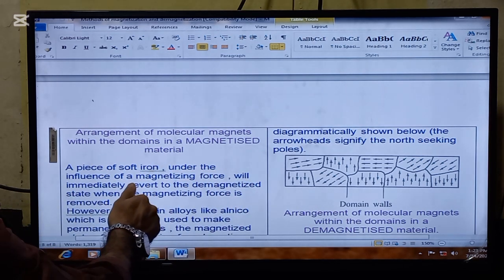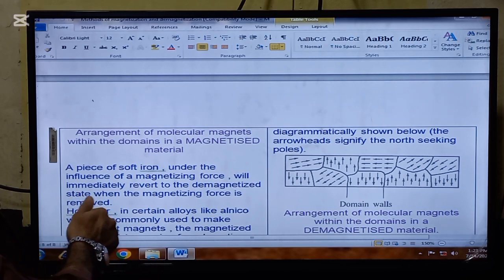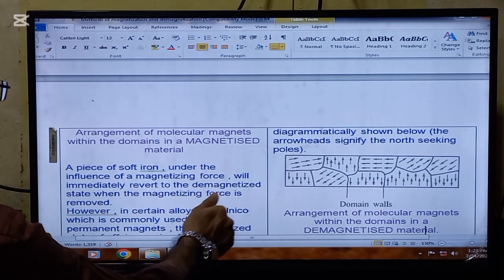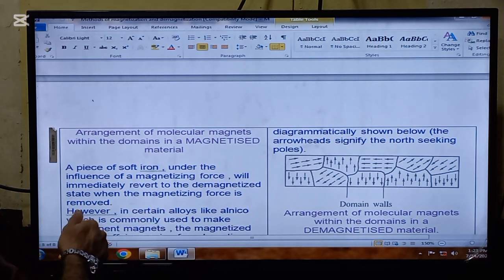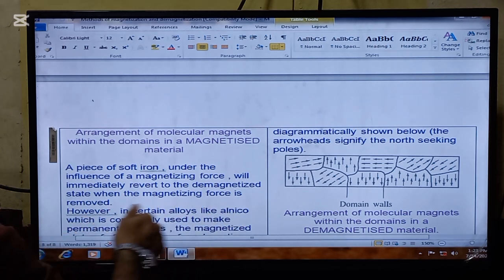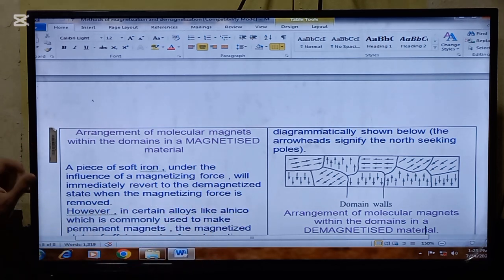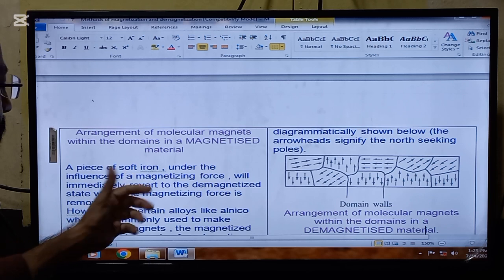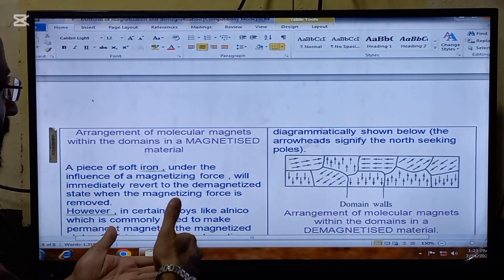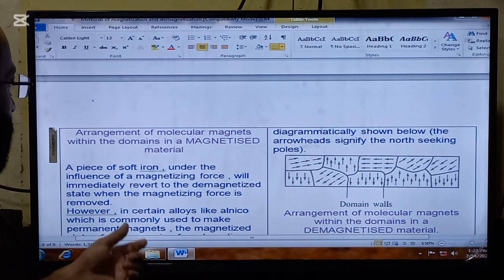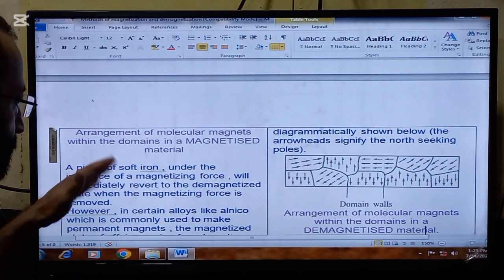A piece of soft iron under the influence of a magnetizing force will immediately revert to the demagnetized state when the magnetizing force is removed. This is because soft iron is a temporary magnet. As soon as we remove the permanent magnet, its magnetism is finished.